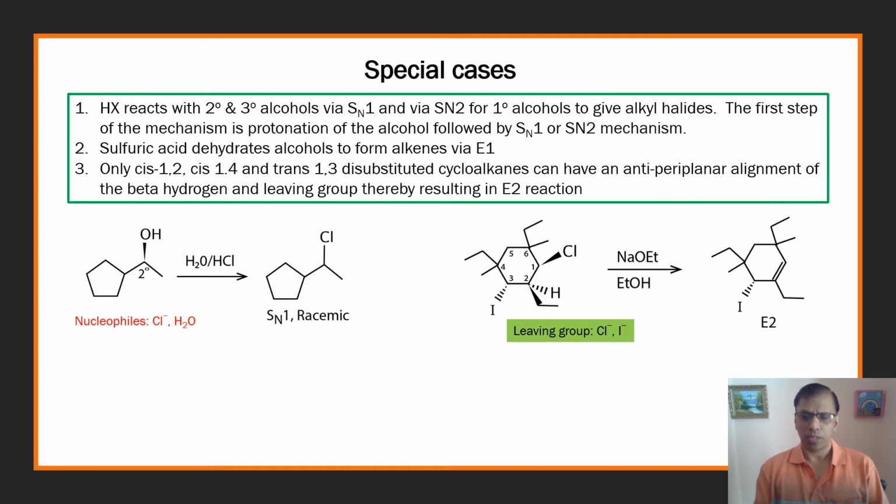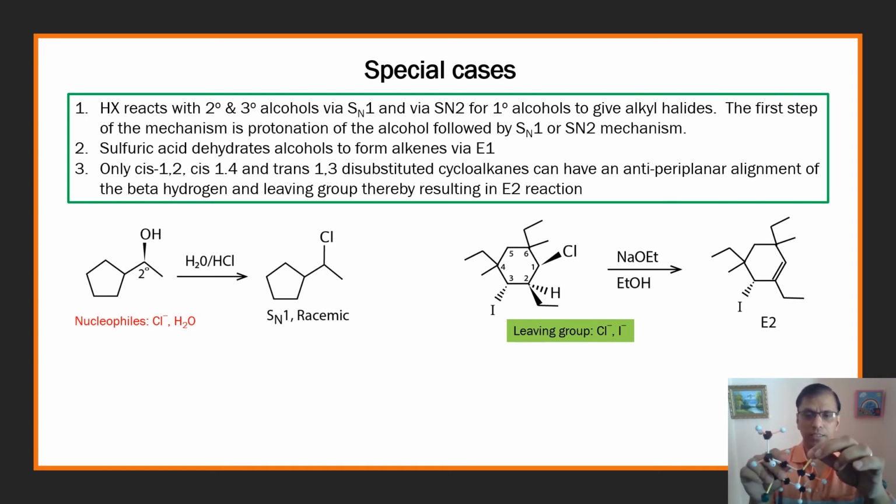So let's look at the model. This is the model I created, and you can make your own model, and I think it's very useful. This one is the iodide. Just for color coding purposes, it's easier to look.